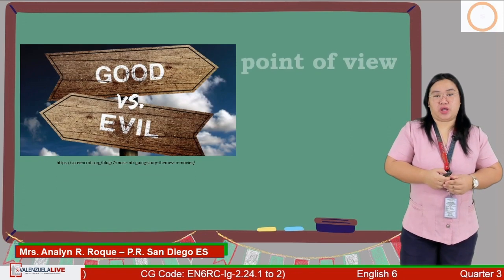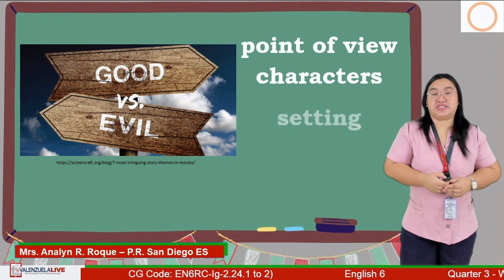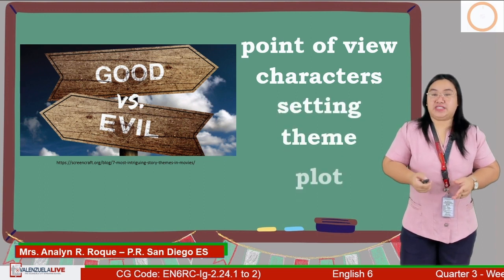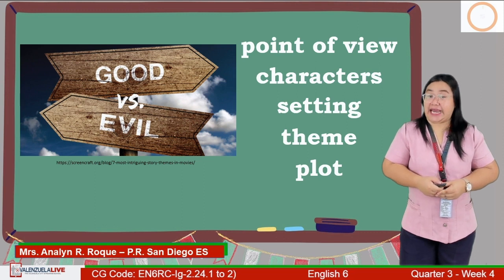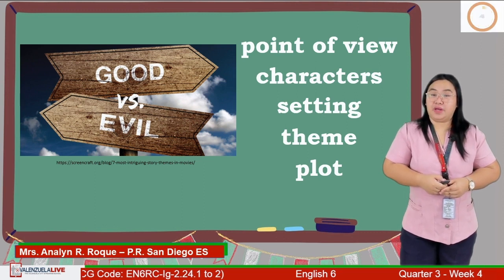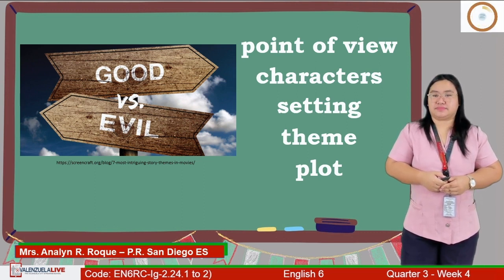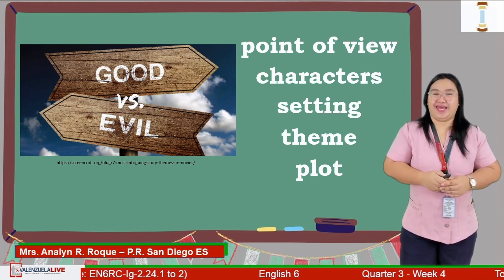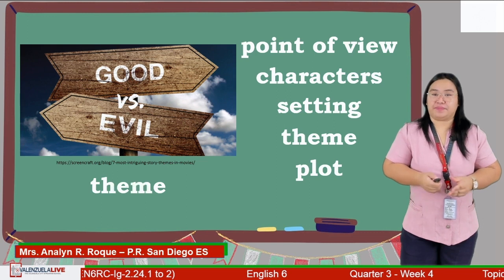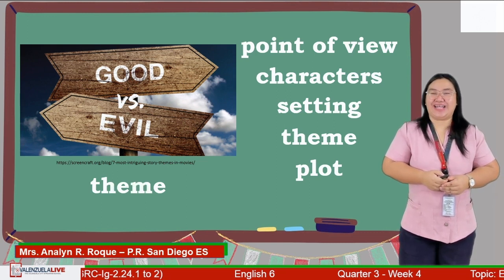Next picture. What do you think is this element? Is it point of view, characters, setting, theme, or plot? Yes, your responses are correct. It is actually theme. Nicely answered, everyone.